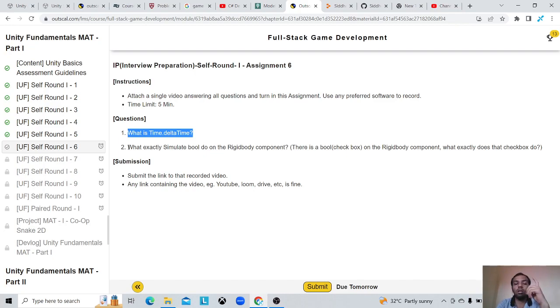So it would be 10 divided by 60, so that much, 1 by 6 meter, would move each frame. And on the 30 fps PC, it would be 10 divided by 30, so 1 by 3. It will move 1 by 3 meters in each frame.